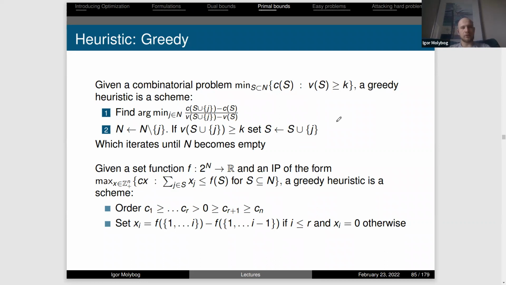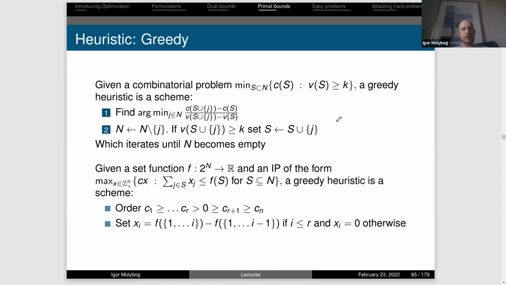Another important heuristic that has multiple reincarnations, multiple statements of the same idea, is the greedy heuristic.